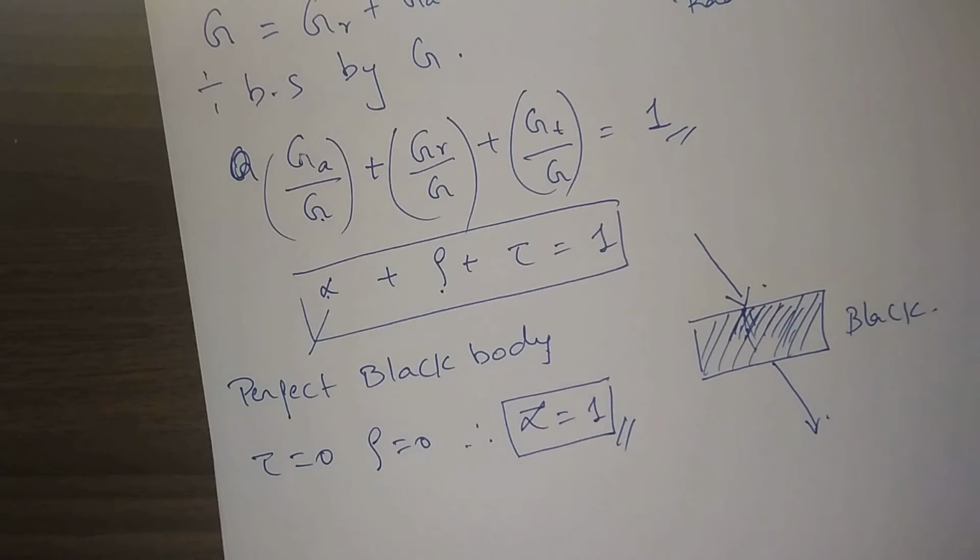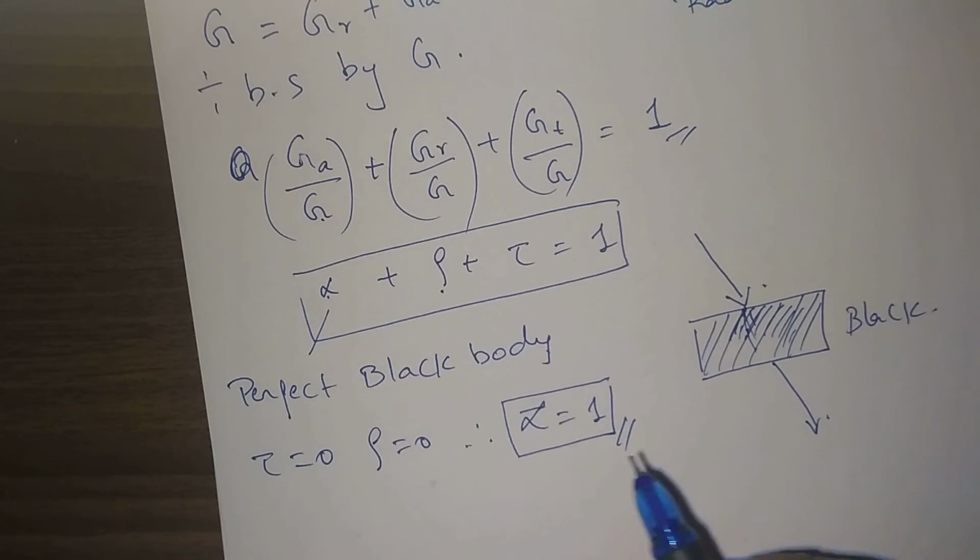A black body is that body which absorbs all the radiation falling on it. So your alpha is equal to 1 for a black body.